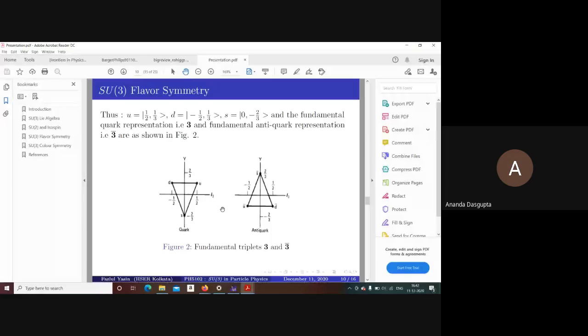It will have an isospin triplet with Y equals 1, an isospin singlet with Y equals -2, and an isospin doublet with Y equals -1. And then we have this 3 bar.